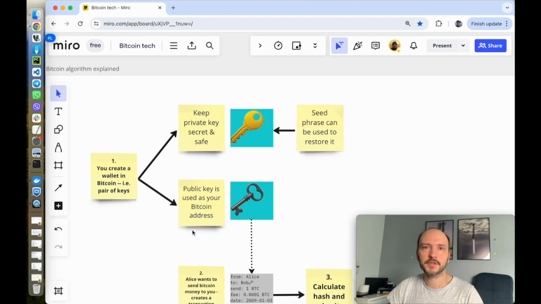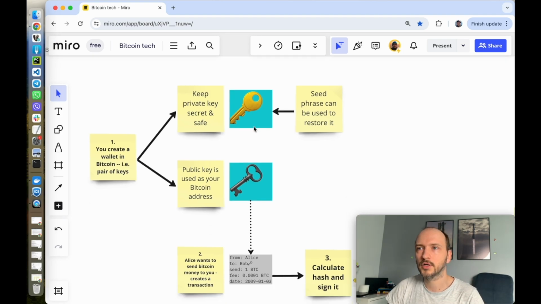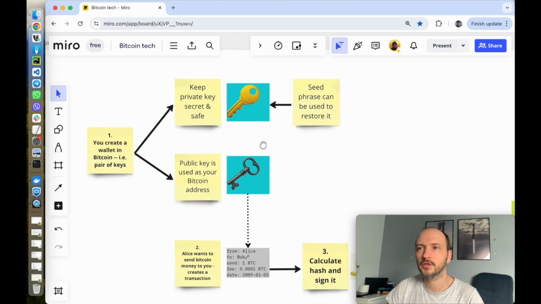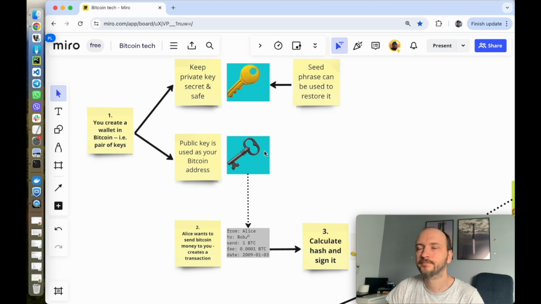So a Bitcoin address is just the public key of a person. You may also face a need to create a seed phrase. When you create a wallet, the application asks you to remember a seed, and this seed can be used to restore the private key. In this way you can reproduce the same private key in the future if you remember the seed phrase.